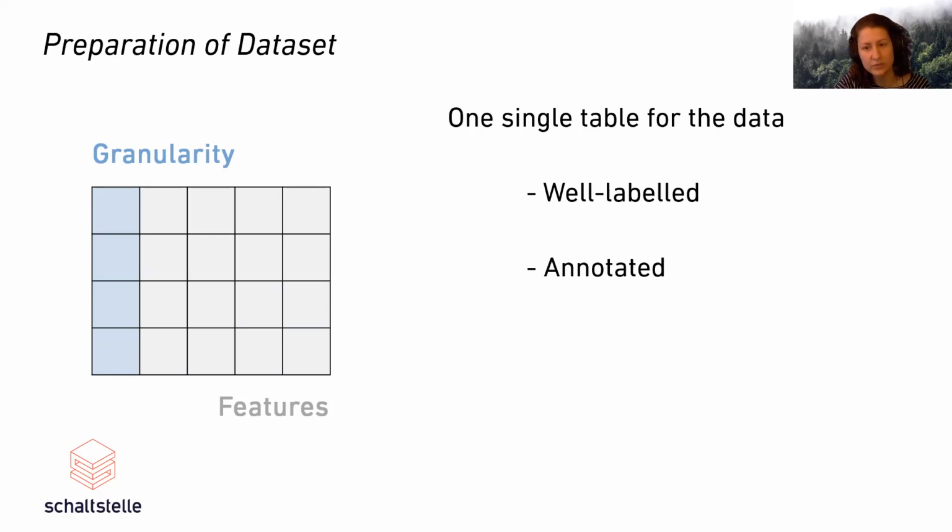So this means you have to resolve keys that are not self-explaining, and you have to aggregate numbers to the granularity needed if you don't have them in the granularity that you want to have in your data set. For example, if you have snowfall data per hour and want to have it per day, you need to aggregate the data from hour to a daily measurement.